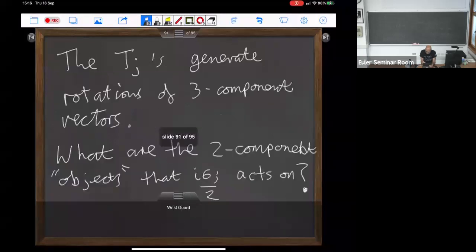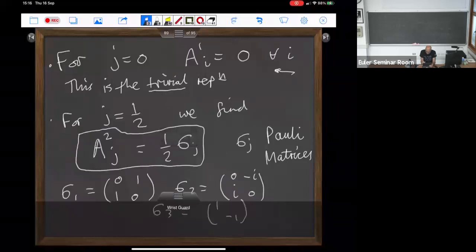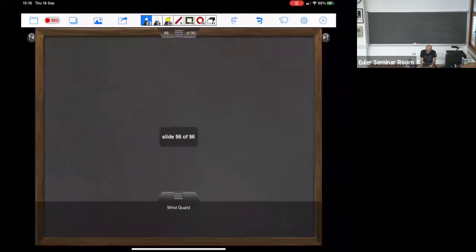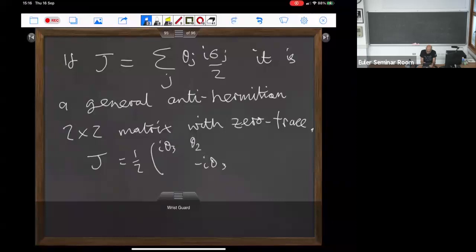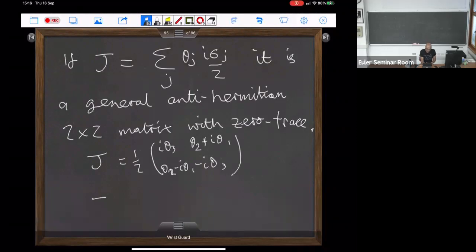So this is what anti-Hermitian means. You take the transpose and the complex conjugate operation, just for definiteness.